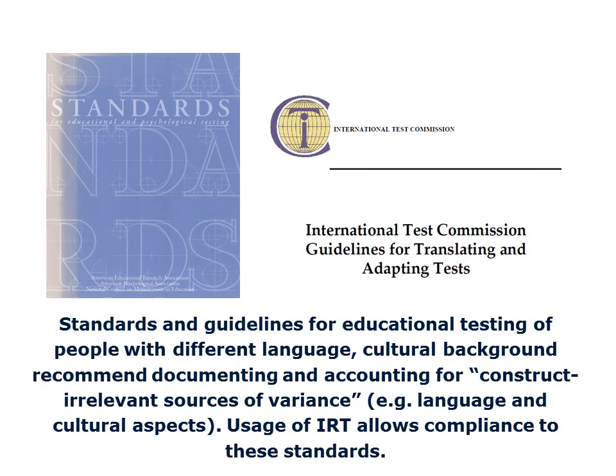It is also important to notice that international testing has been regulated somehow, at least in a soft way, by standards and guidelines that clearly recommend that we take into account and try to discard or eliminate the influence of construct irrelevant sources of variance, for example, language and cultural aspects. Item response theory is able to help us comply with these standards and guidelines by doing what we call differential item functioning. This is not very difficult to understand.